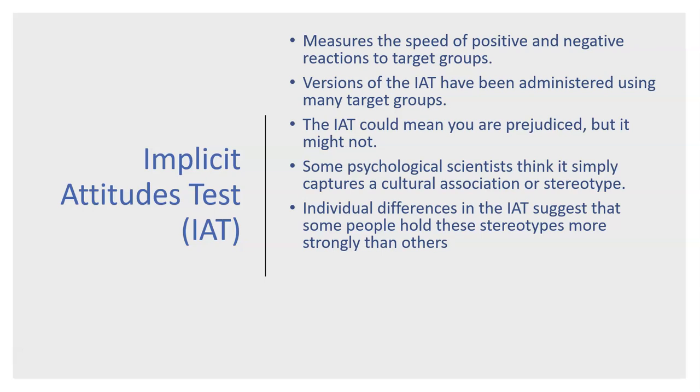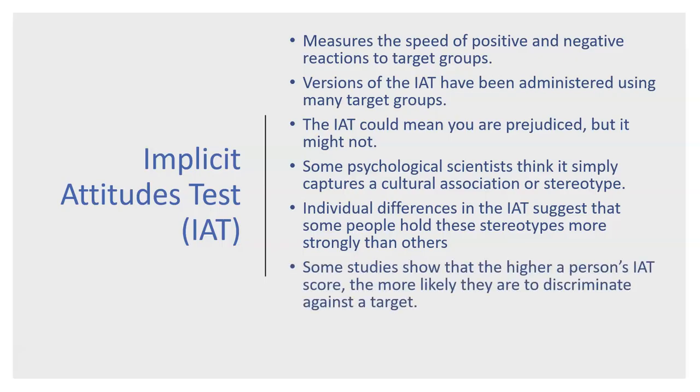So some people will show really strong implicit attitudes, whereas other people have weaker ones. And that's interesting in and of itself because that can show the variation from person to person in the degree to which they may be vulnerable to being influenced by those implicit attitudes.